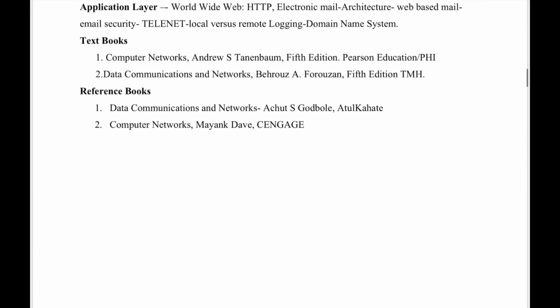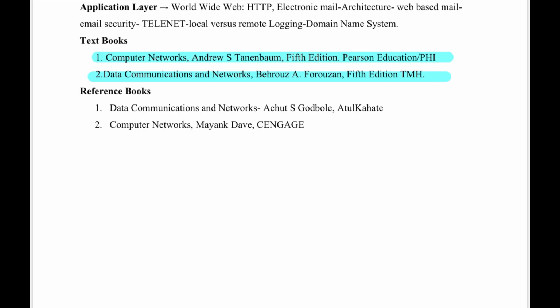These are the popular textbooks for this subject, computer networks by Andrew Tanenbaum. And the second textbook is data communication and networks, Behrouz Forouzan.